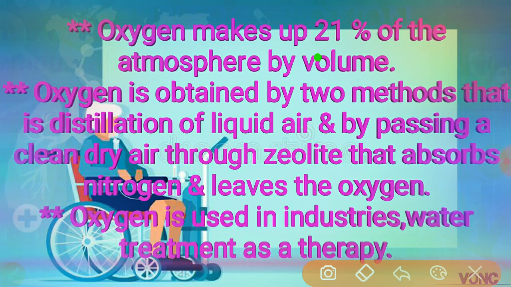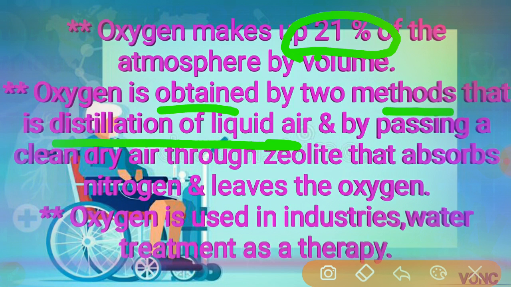So how much percentage does it make up of the atmosphere by volume? It makes up 21% of the atmosphere by volume. Oxygen is mainly obtained by two methods: distillation of liquid air, and the second method is passing clean dry air through zeolite.